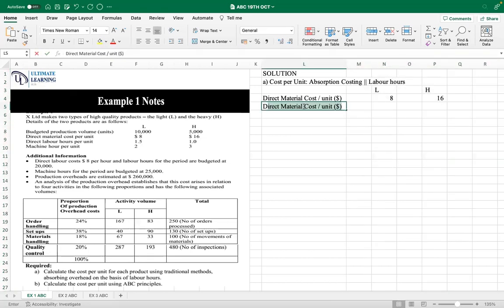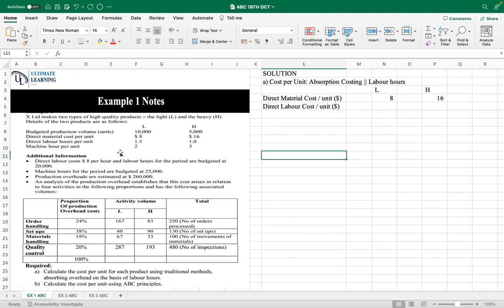Okay, next we add direct labor cost per unit, which is also in dollars. You can see here you are given direct labor hours per unit. These are not costs, this is hours, 1.5 and 1. But in the additional information you are told direct labor costs $8 per hour.